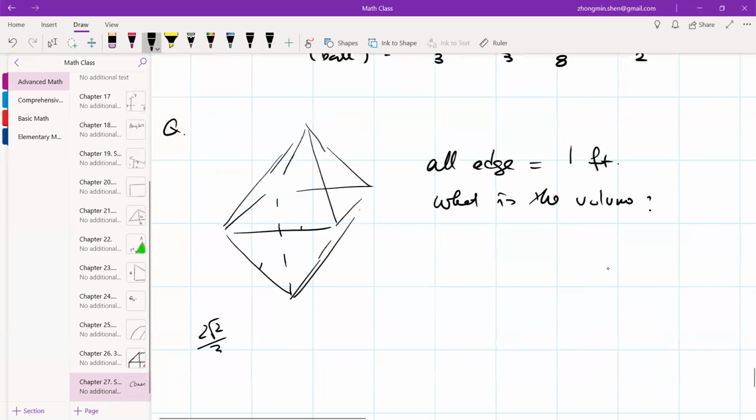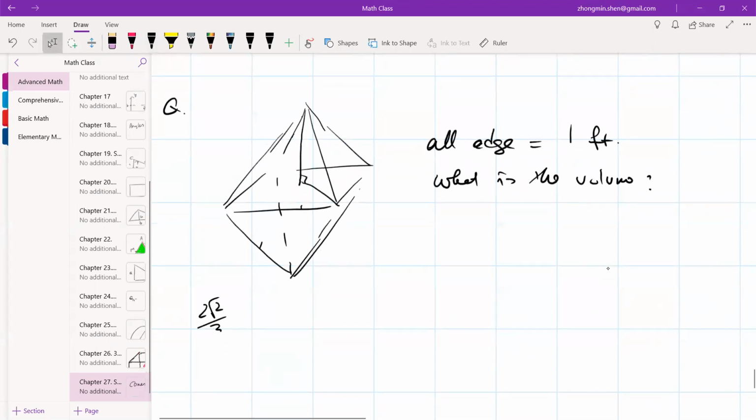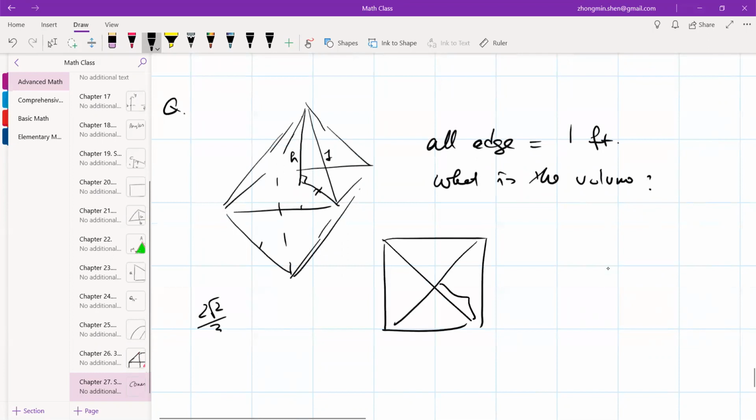All right, so what you do is just find the height of one of the pyramids. Remember this, and you can use this triangle. You don't know the height yet, but you know the edge. So this is the edge, this is x. All you have to do is find x.